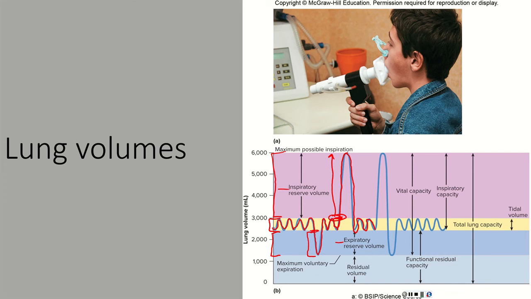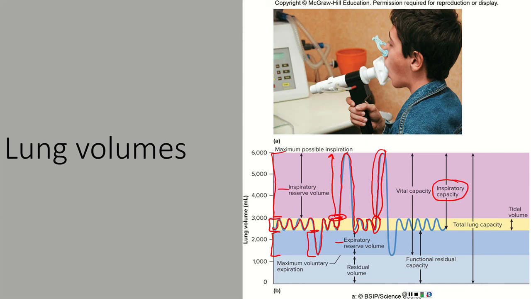But let's inhale the normal tidal inhale plus the maximum inhale, so the inspiratory reserve volume. If we measure the tidal inhale plus the inspiratory reserve volume inhale, so the yellow plus the pink, that is called our inspiratory capacity.